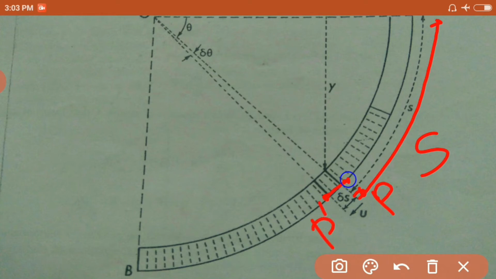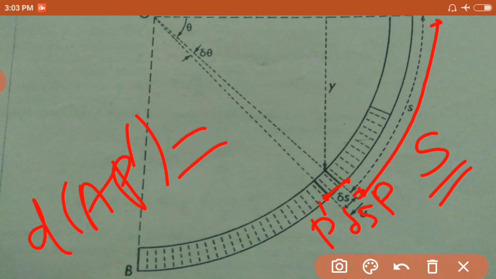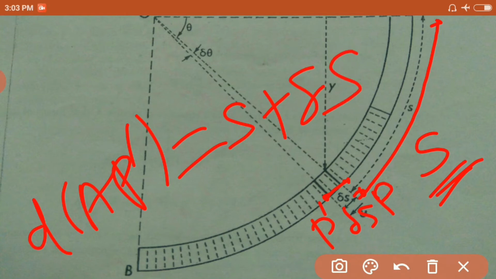And this distance is delta S. Distance AP is S. Distance AP dash is S plus delta S at time t.